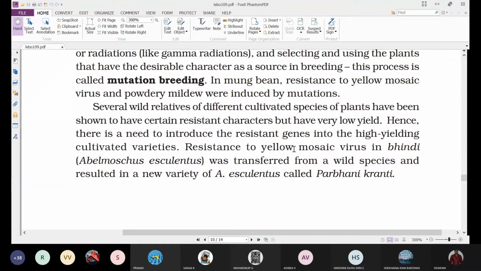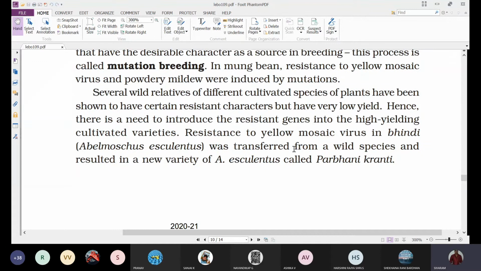Not only that, other varieties are also developed. Several wild relatives of different cultivated species of plants have been shown to have certain resistant characters but have very low yield. They have disease resistance, but they show a very low yield.